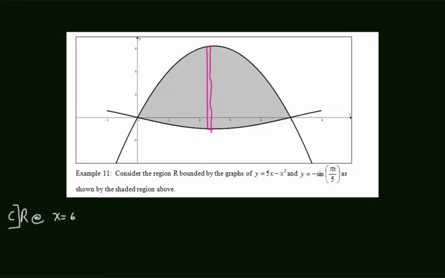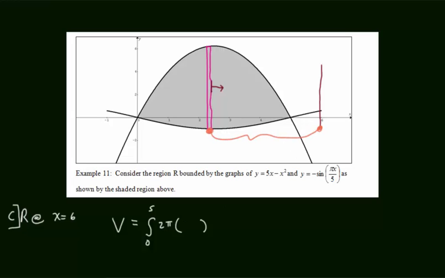Part C, we're going to rotate the region about x equals 6. X equals 6 is out here like this. So to do that, we're going to take a vertical rectangle, rotate it horizontal. We're rotating against the grain, the opposite of its orientation. All right, here we go. Let's set up. Volume equals integral from 0 to 5, 2 pi radius, and our radius is going to be the difference between these two values.